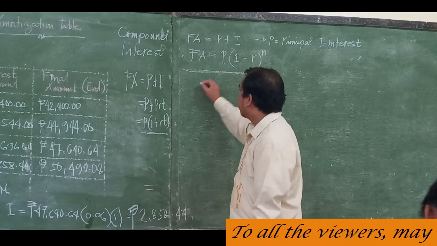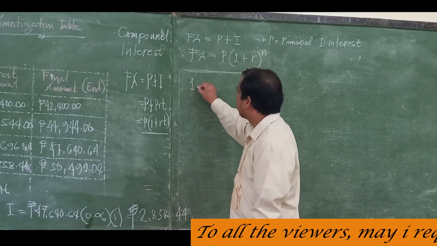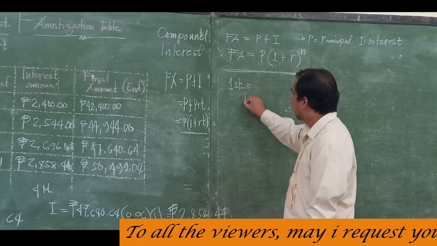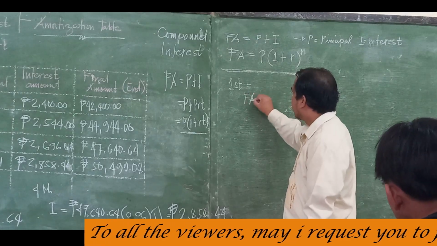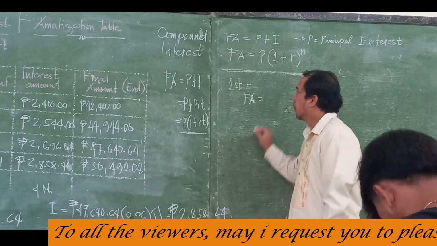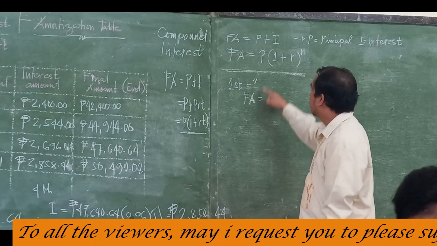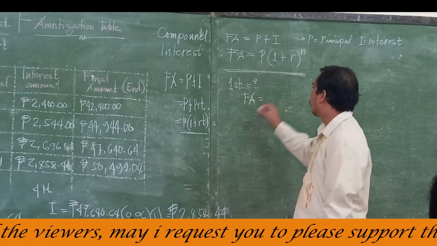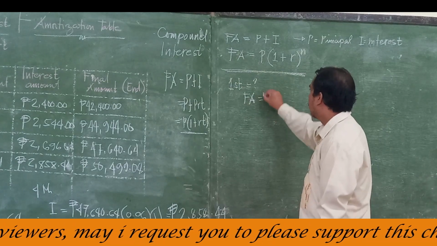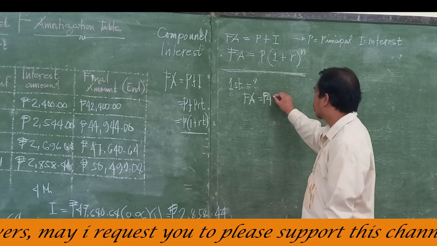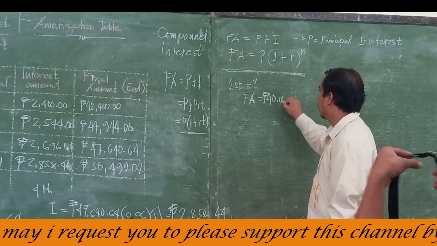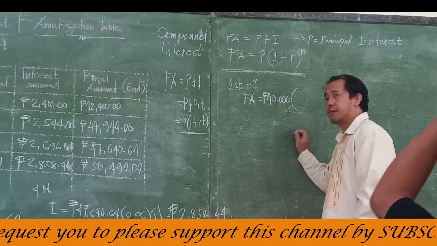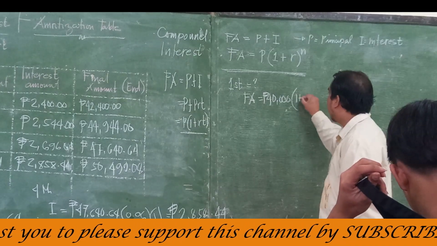So in the first year, what would be our final amount? The final amount is the original principal, 40,000 pesos, multiplied by 1 plus the rate.